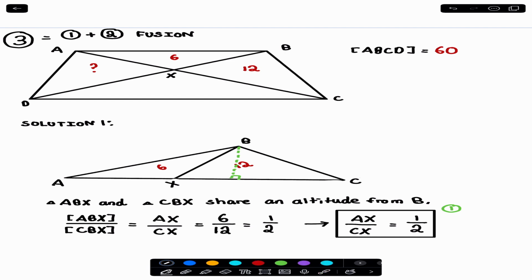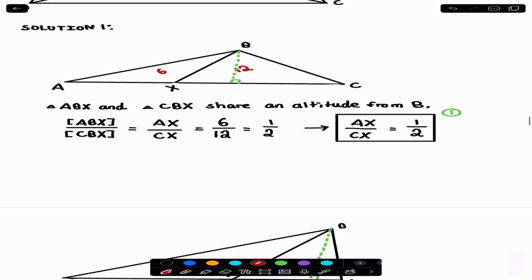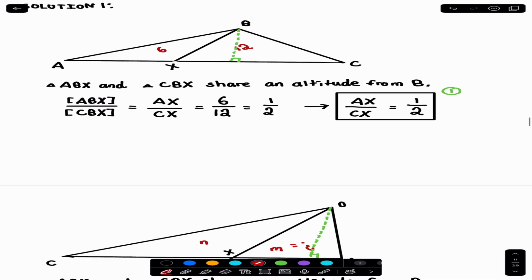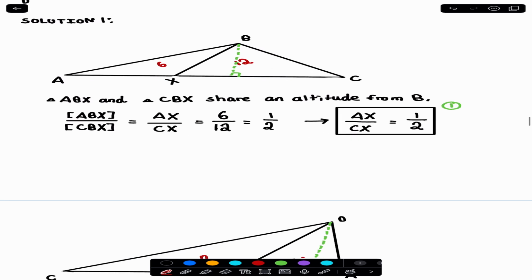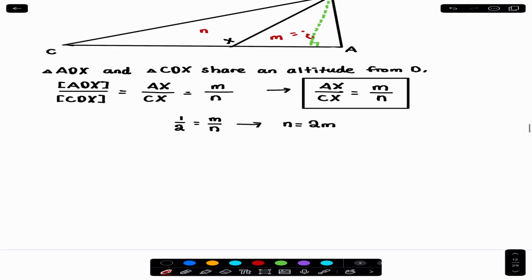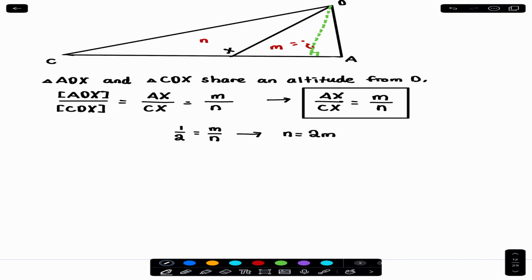So we called this M and this N. Since the total area is 60, that means M plus N plus 12 plus 6 is equal to 60. And now we have another equation. M plus N must be equal to 42.